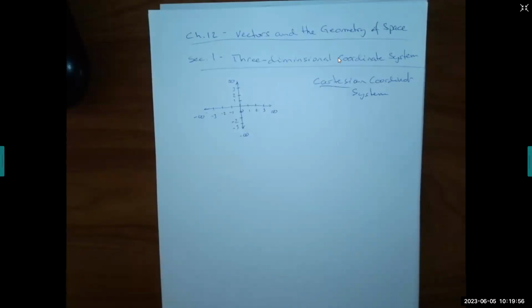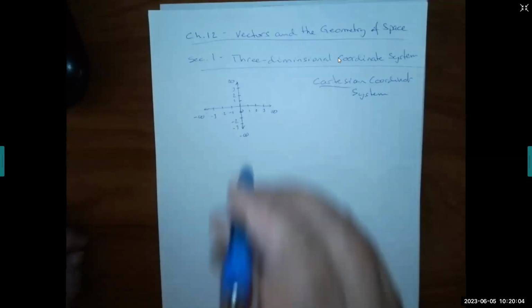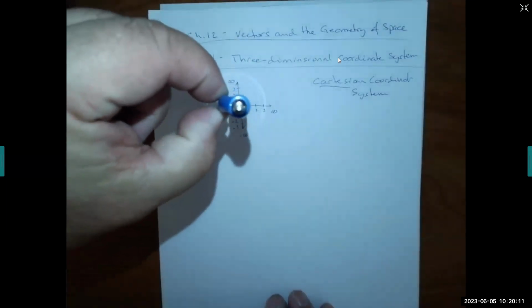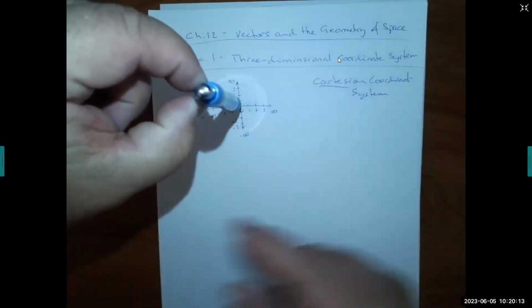Then comes another evolutionary development, three-dimensional. If we put a stick right there, that's the z-axis.